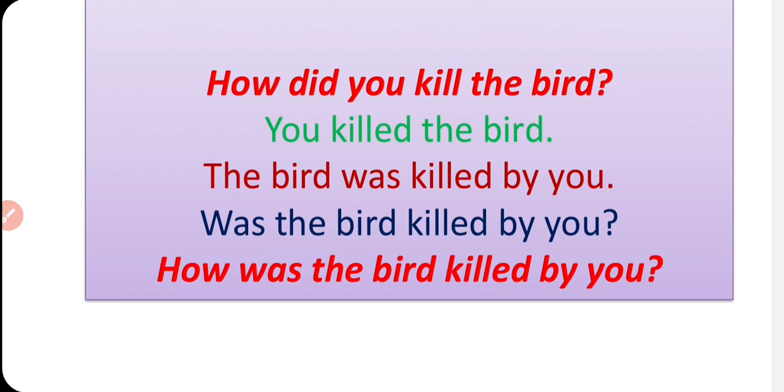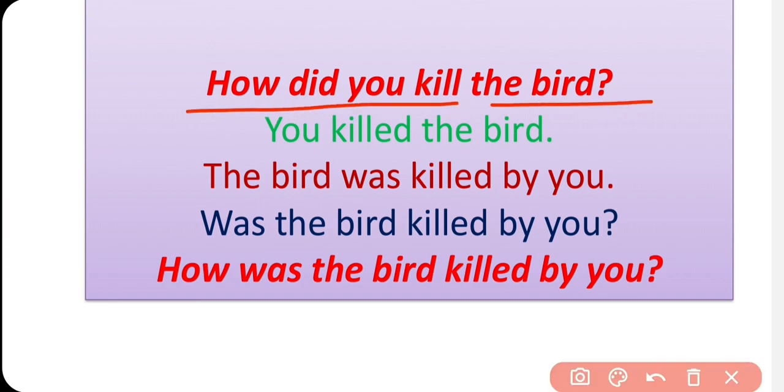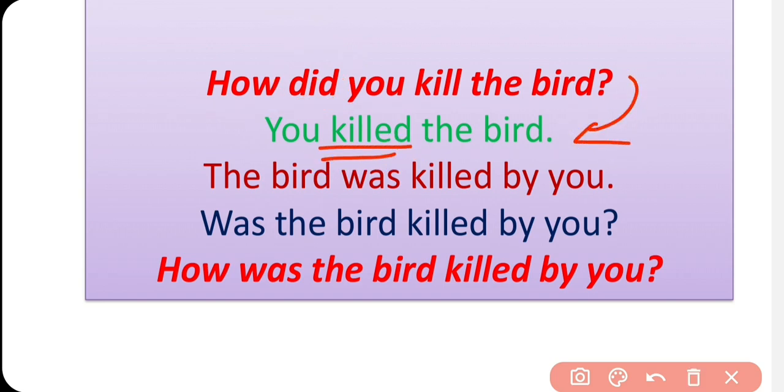How did you kill the bird? This is a WH question form. And what will be the assertive sentence of this sentence? You killed the bird. This will be the assertive sentence because here it is in the past tense. That's why the verb has been changed into killed.